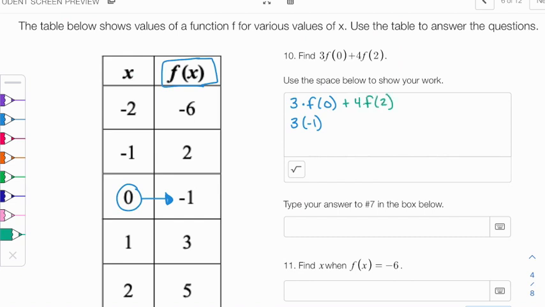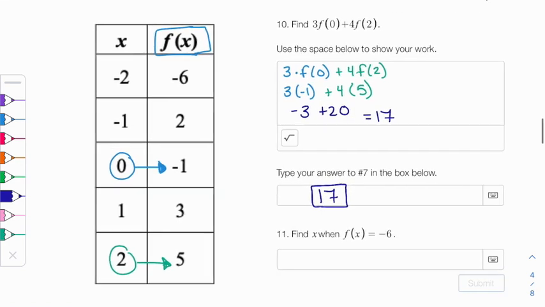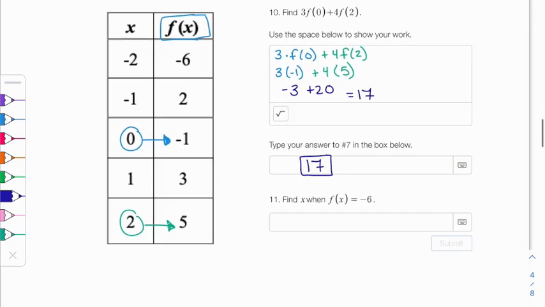So f of 2 is 5. So this is going to be plus 4 times 5. Follow PEMDAS, multiply. So -3 plus 20 comes out to be 17. Right, so that's when I'm evaluating using values from a table.